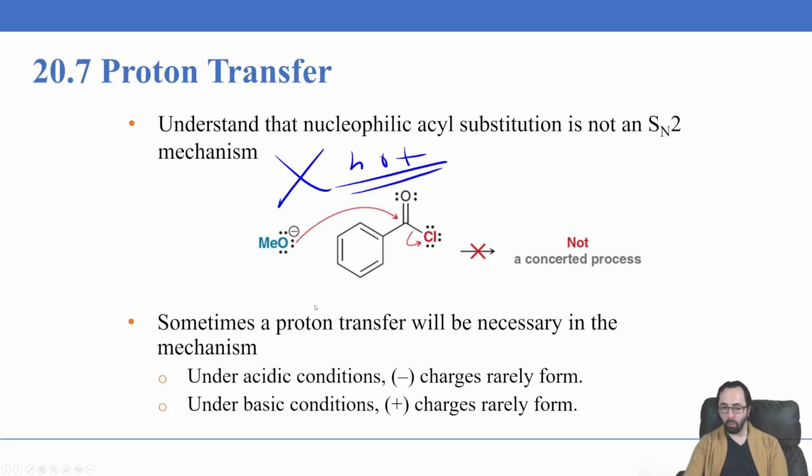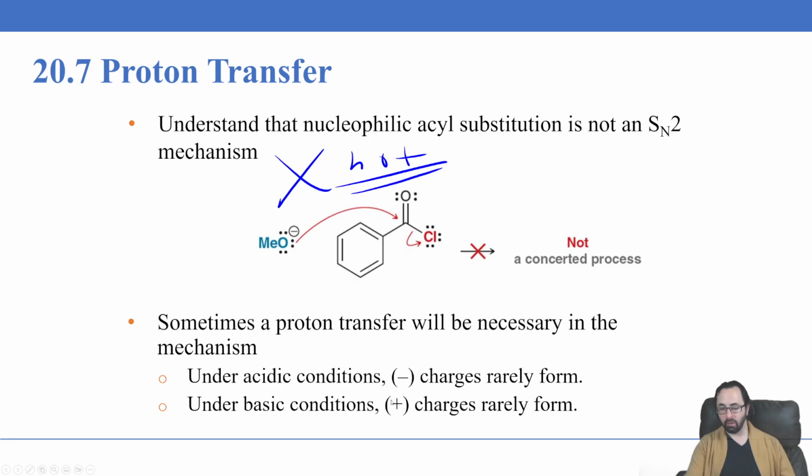In some cases, we'll want to do a proton transfer in the mechanism. This often depends on the conditions under which the reaction is occurring. If the reaction is occurring in an acidic environment, we're going to probably start with the protonation of the carbonyl, which, as we've learned in the last chapter, enhances the electrophilic nature of this carbon and makes the carbonyl even more reactive.